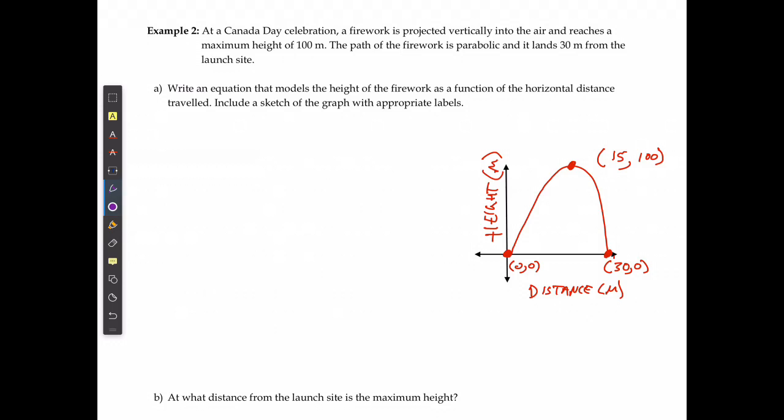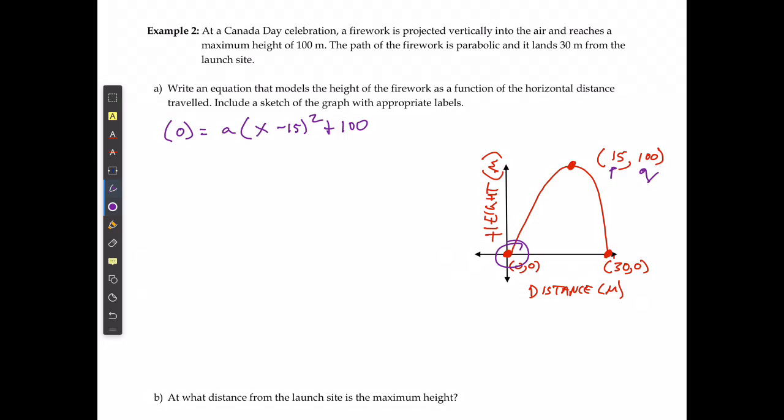So I can pick either of these points to use when solving this. Because it goes through the origin, that's a good place to use. So I'm going to have an x and y of 0 and 0, is equal to a, bracket, my p and my q are in here, x minus 15 squared plus 100.